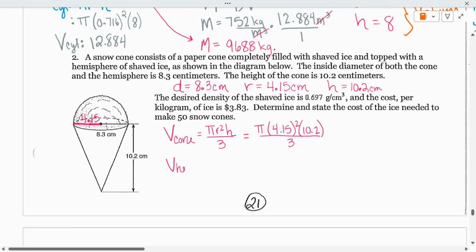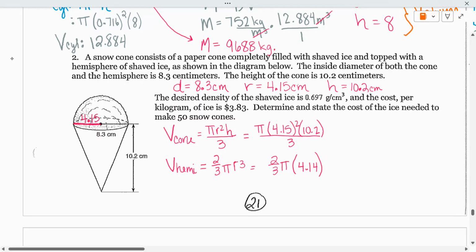The volume of a hemi. Well, if the volume of a sphere is 4/3 pi r cubed, then the volume of a hemisphere is 2/3 pi r cubed. Okay, so 2/3 pi times my radius, 4.15.